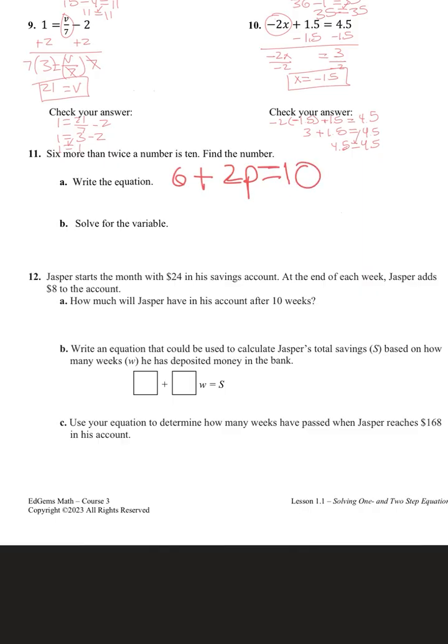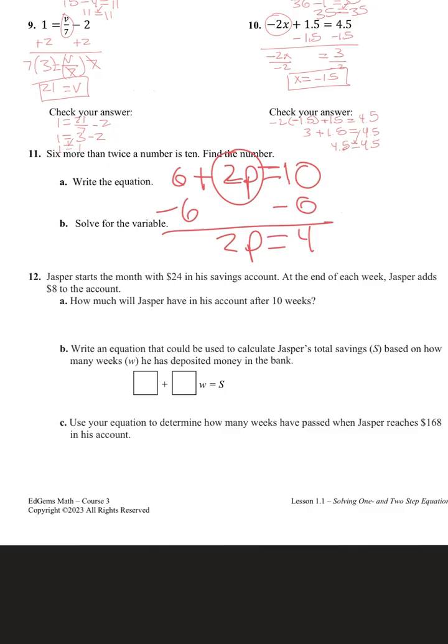And then it says solve for the variable. So again, we're going to circle the variable and the number attached to it. First thing I'm going to do is get rid of any addition or subtraction. So the opposite of positive 6 is negative 6. So I'm going to subtract both sides by 6, and I'm left with 2p equals 10 minus 6, which is 4.